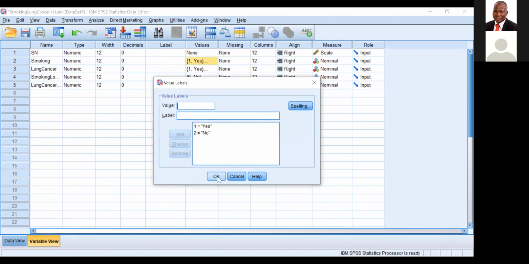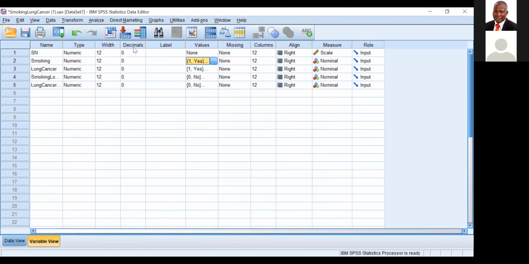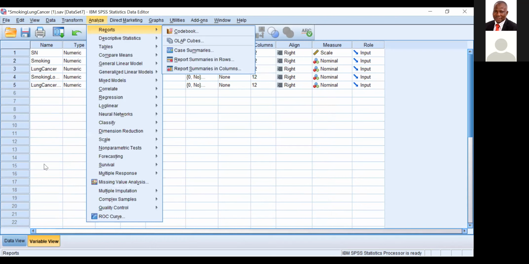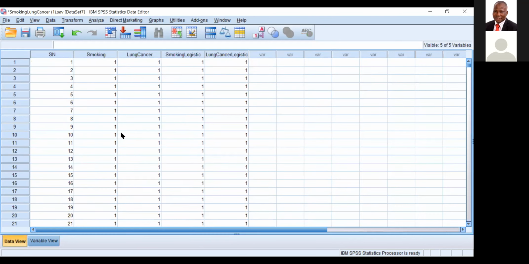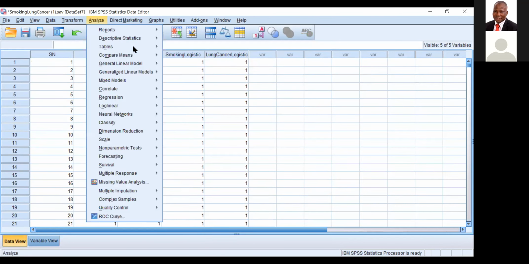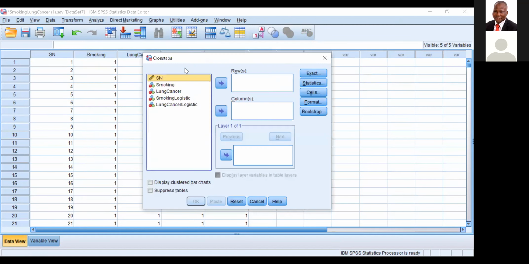That's great. Let's go. It's okay. Let's go to analyze now. Descriptive statistics and cross-tab. So which one goes to the row? Smoking, yes. That's the exposure. The column will be lung cancer.